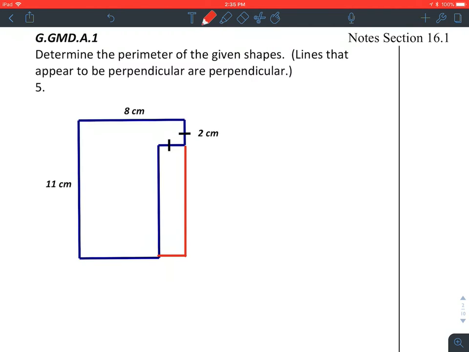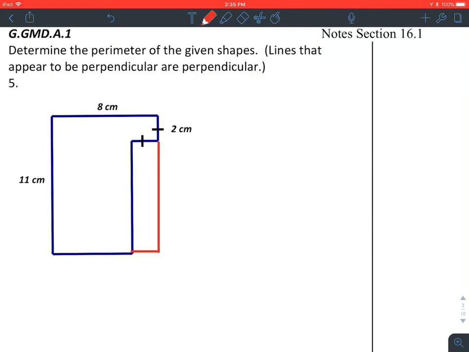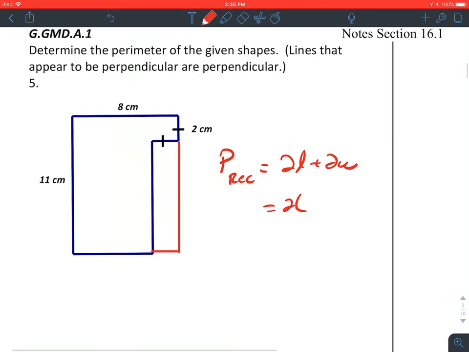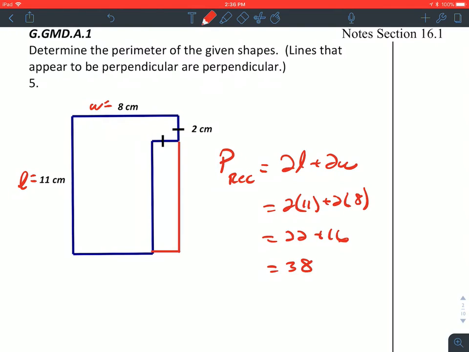That makes this perimeter the same as the perimeter of a rectangle, which is 2 times the length plus 2 times the width. I'll call L the length and 8 the width. That's going to give me 22 plus 16. It's going to give me 38 centimeters is the perimeter.